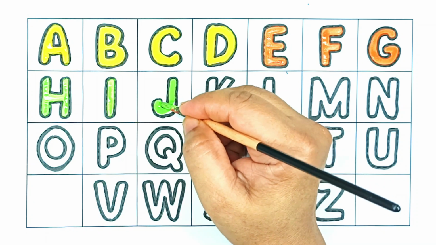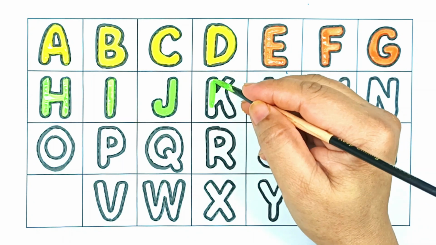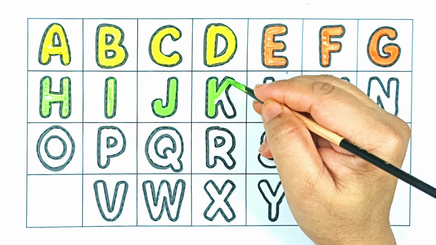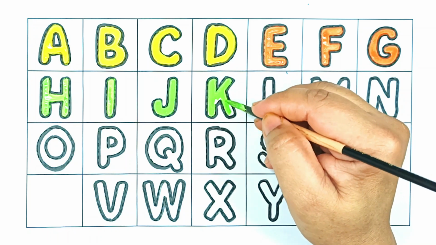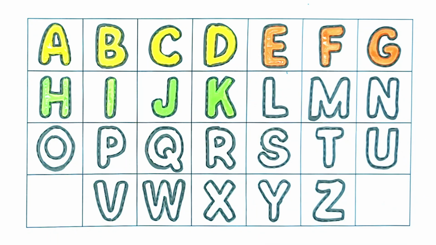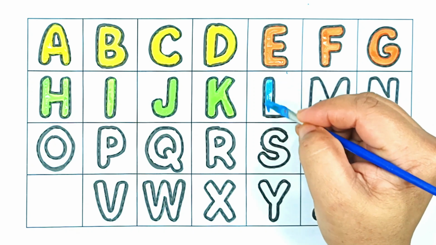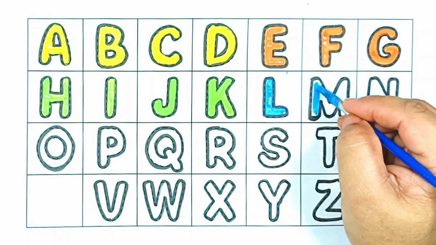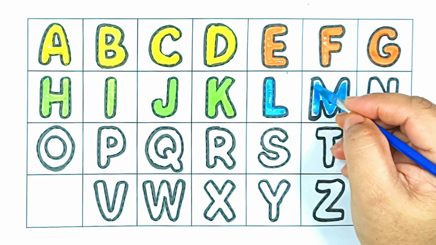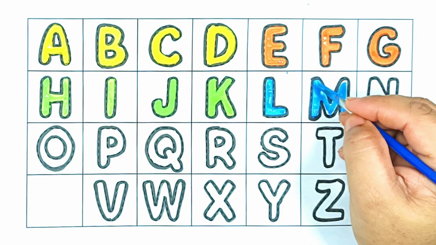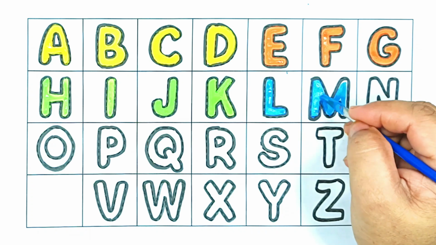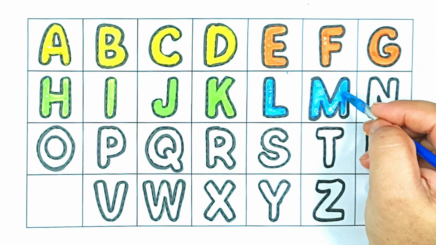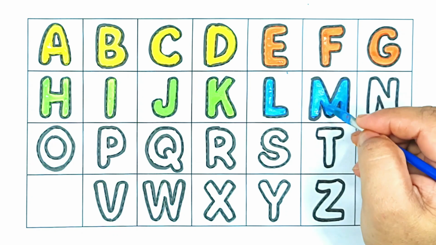J for jam. J for jam. K for kite. K for kite. L for lamb. L for lamb. M for man. M for man.